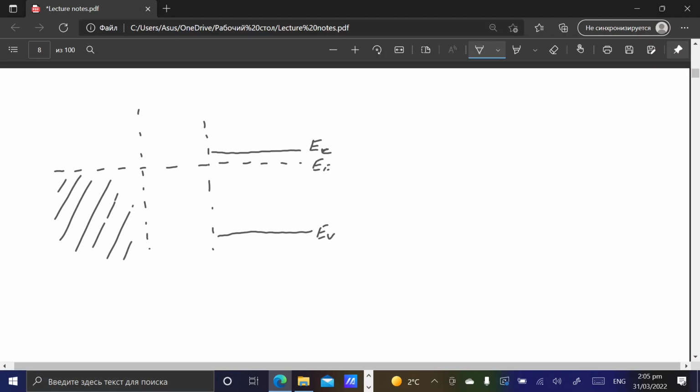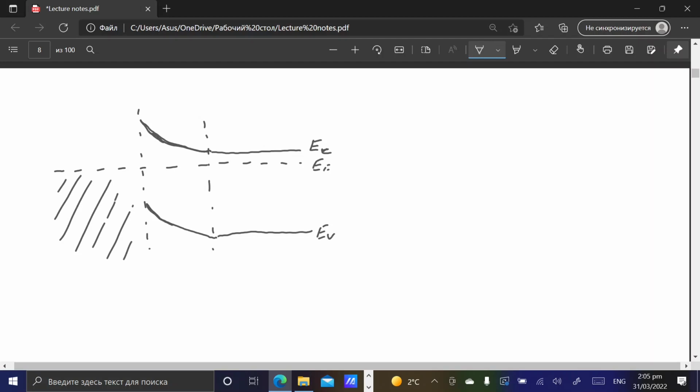Nothing happens. However, at the interface, because of internal electric field, we have linear distribution of electric field. We will calculate all this in detail when we discuss the p-n junction. Here, we just phenomenologically need to understand the processes that are happening at the interface. So we have electric field, and this electric field will create some band bending at the interface.